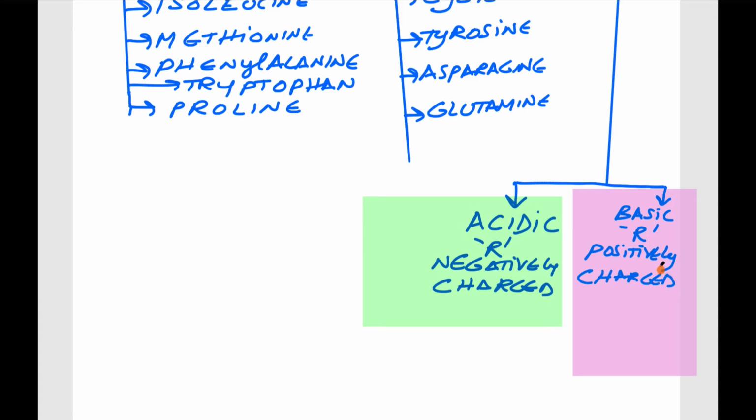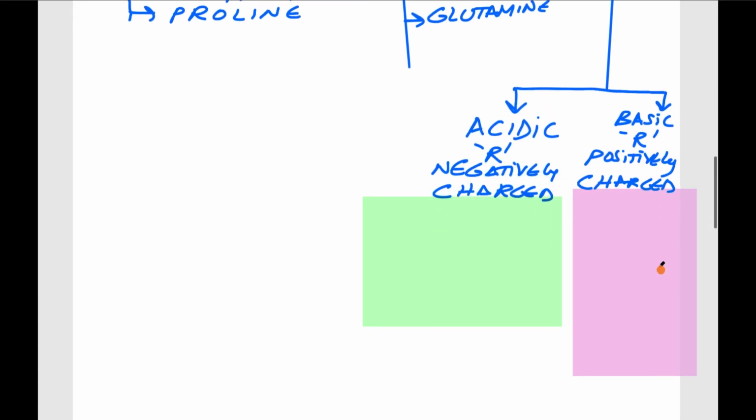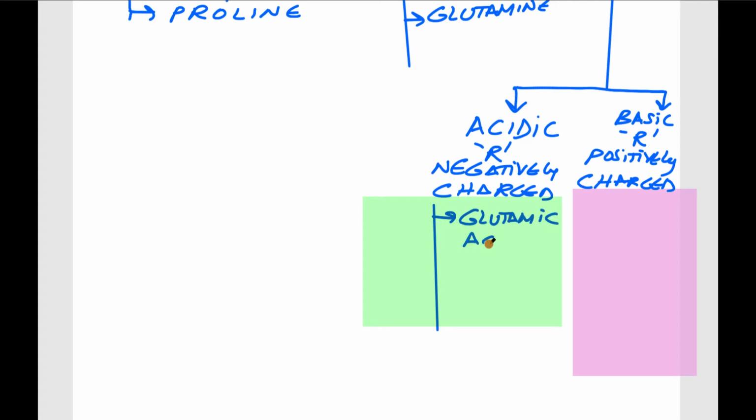In acidic, more carboxyl groups, and in basic, more amino groups. In the negatively charged acidic amino acids, there are two amino acids: glutamic acid and aspartic acid.